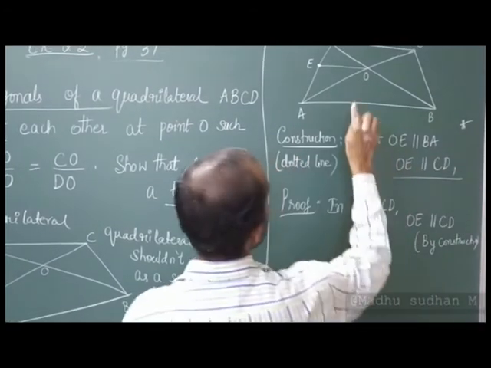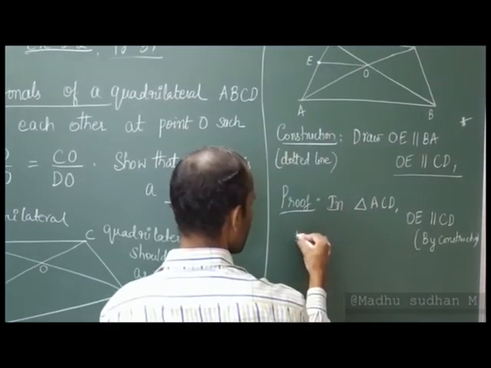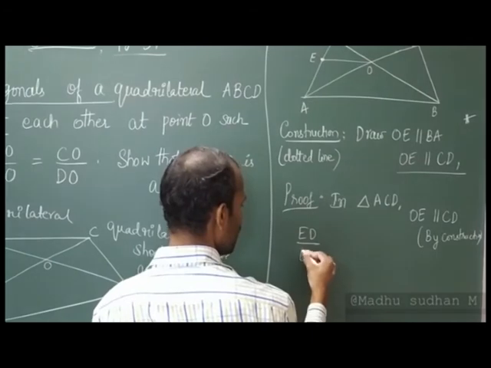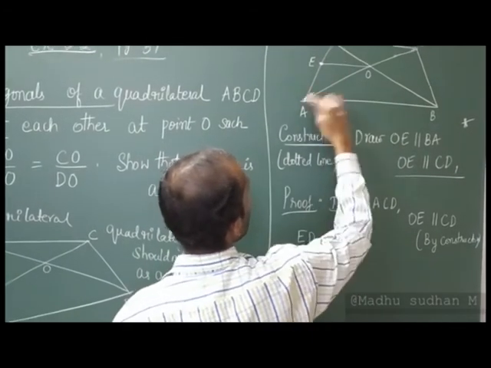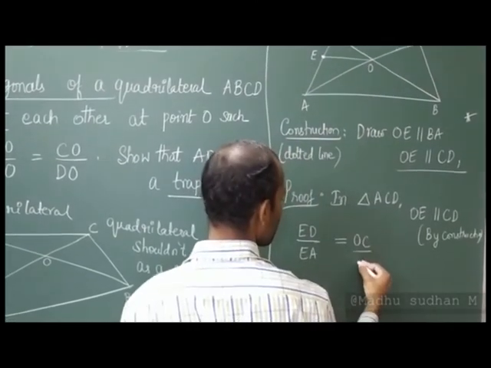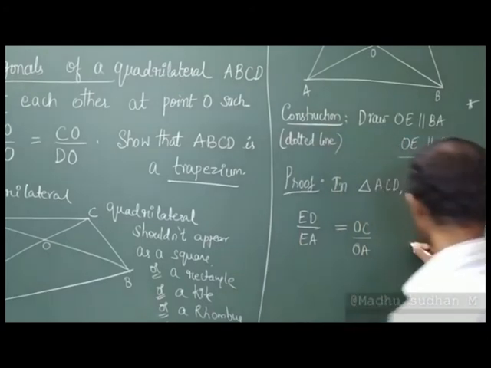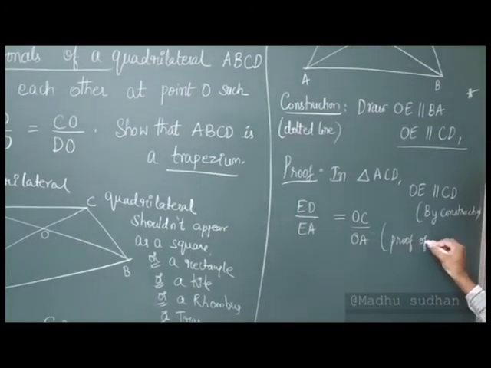So can I write ED by EA, which is equal to what? The upper and the lower, here it is OC by OA. So let me write OC by OA. This is my proof of BPT.